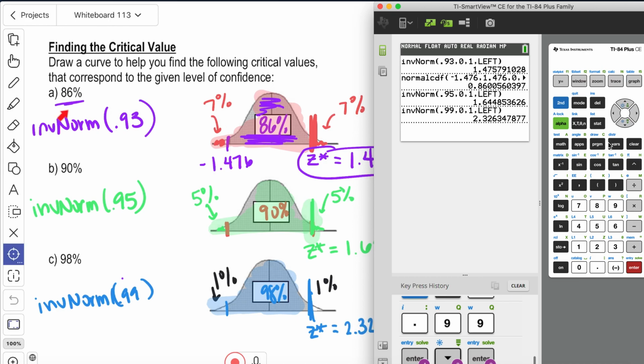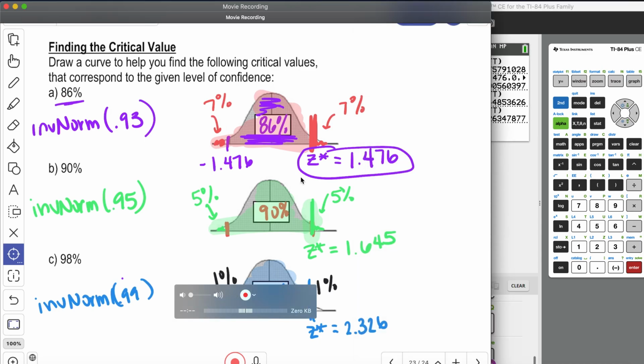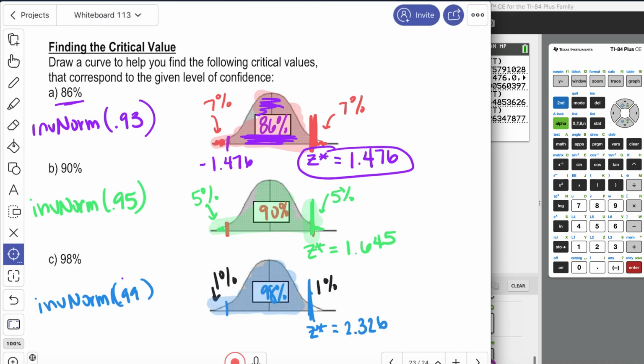Now, here's what I want you to notice also. Notice that as your confidence level has increased, when we were at 86%, the z-star that we got was 1.476, right? And when we were at 90%, the z-star we got was 1.645.